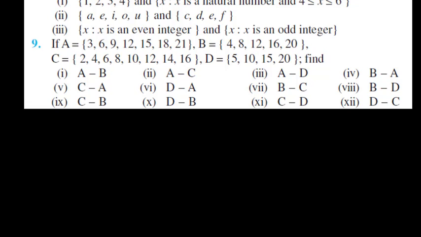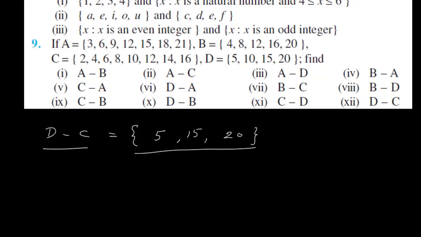So for D minus C, I have to write the elements of D, but I have to exclude those also present in C. So I will write 5, then I will not write 10, then I will write 15, and then I will write 20. So D minus C is 5, 15, 20.